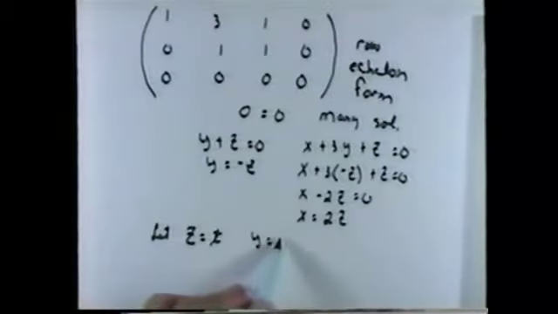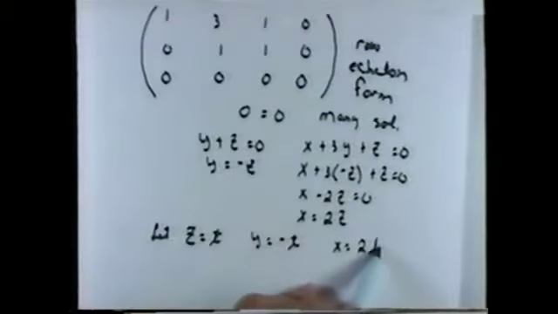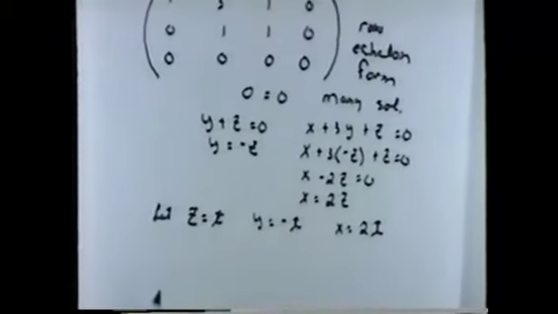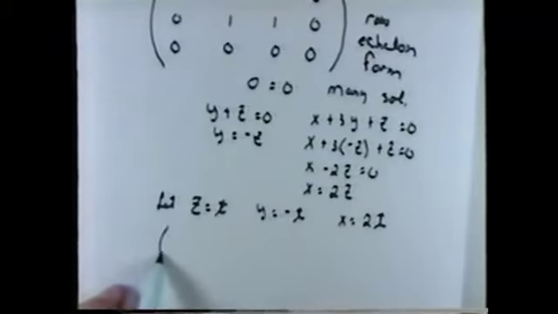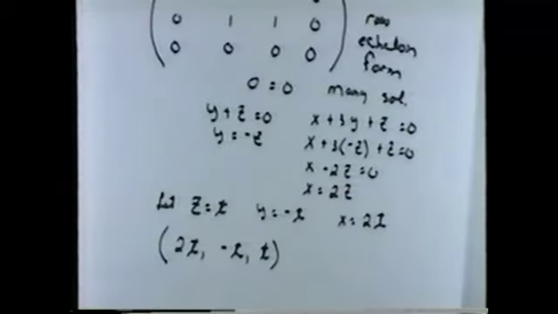So I can write my answer in parametric form by letting z equal the parameter t. Then y would equal the opposite of t, and x would equal 2t. So my solutions would be of the form 2t, the opposite of t, t.